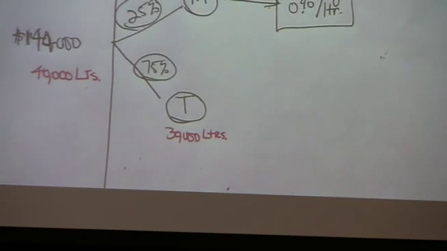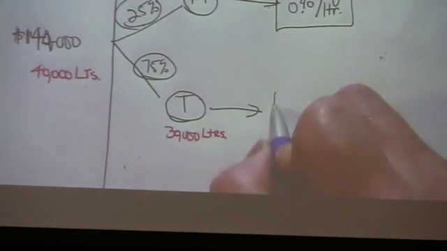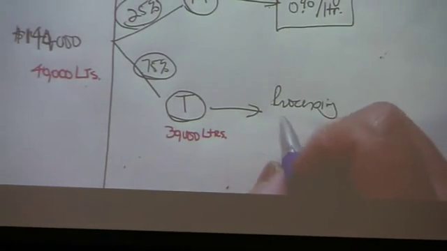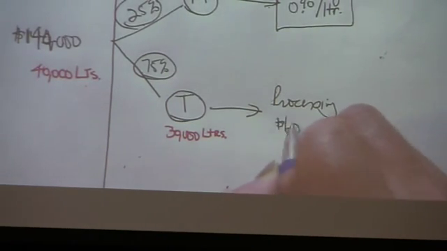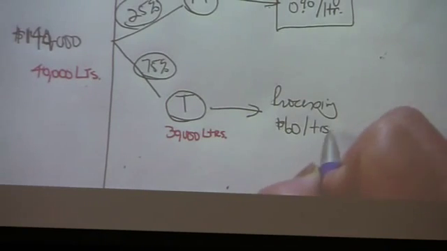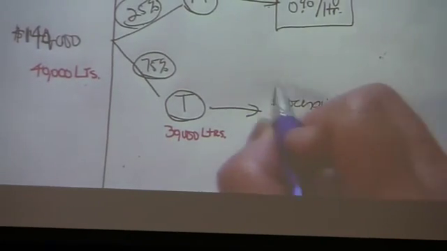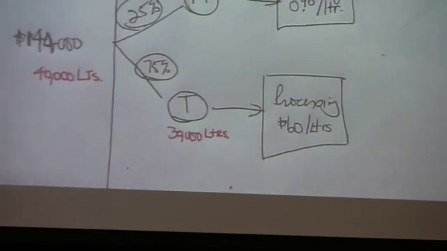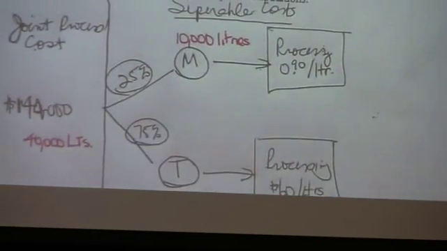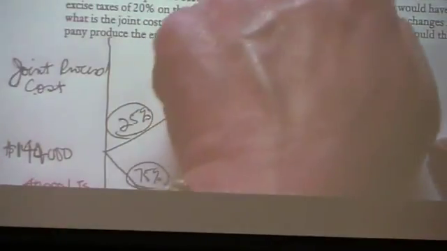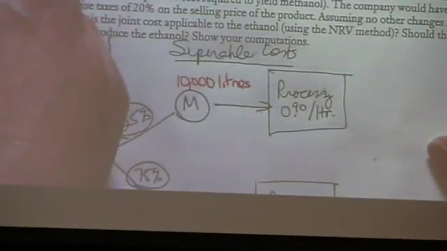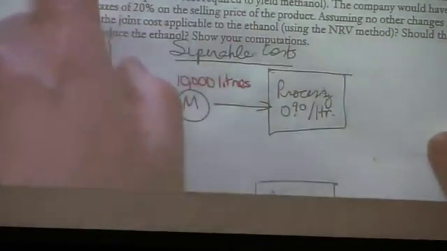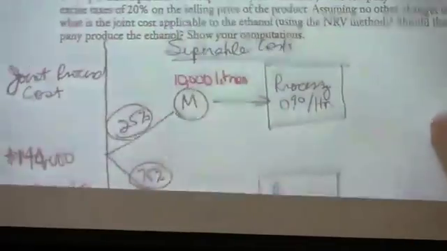And then this one we need to process further at 60 cents per liter. Okay, so we're told, if you go back to the question, that separable costs are methanol 90 cents per liter and 60 cents per liter.